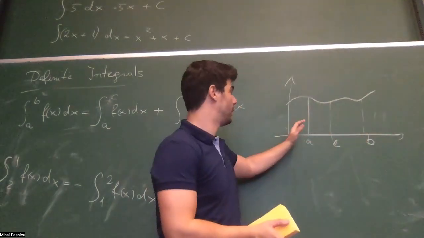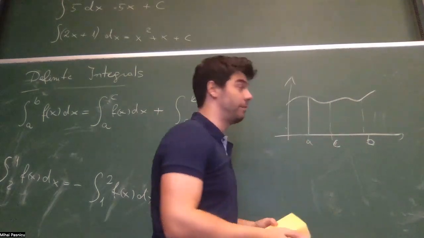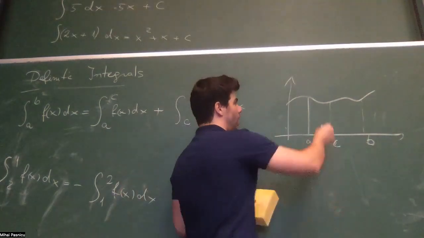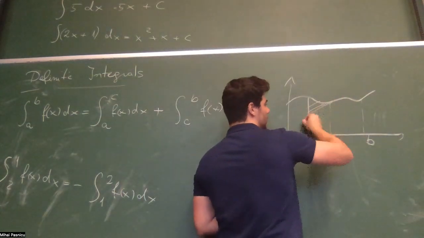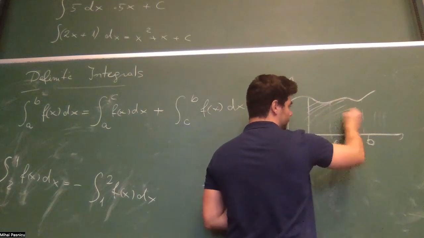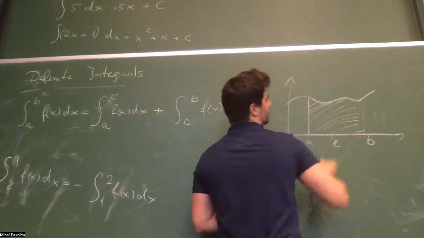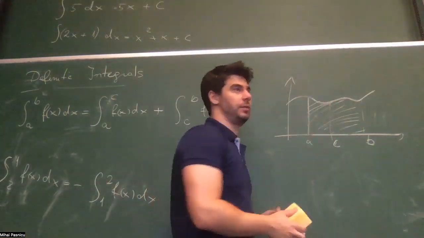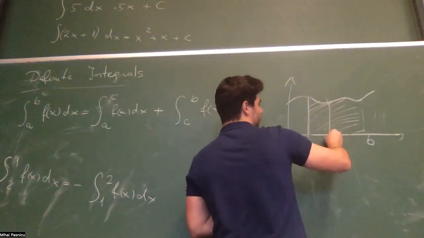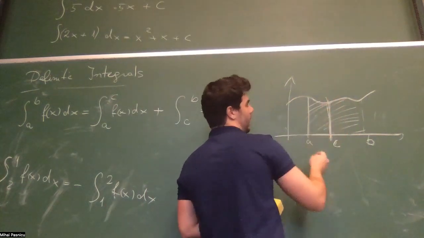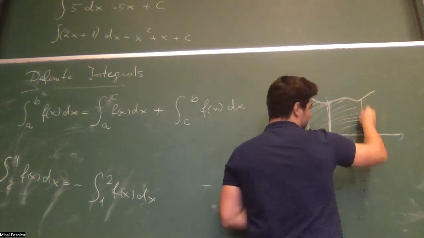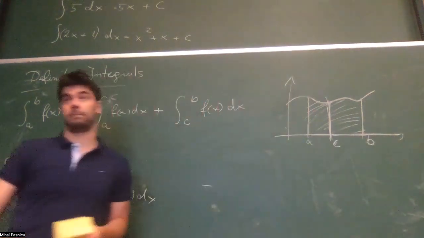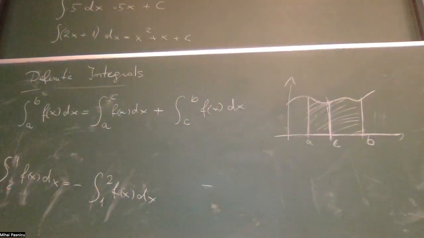I don't have multiple colors here, but I want to compute this whole thing with my integral. It's the same as computing the first part of the integral, this, and then computing the second part. So they're quite intuitive.